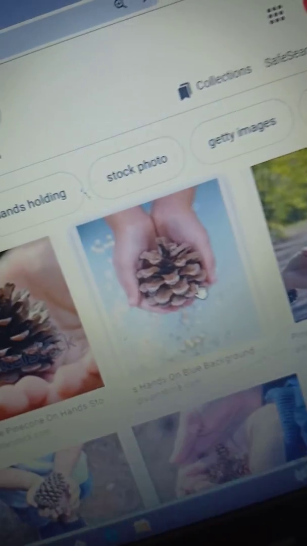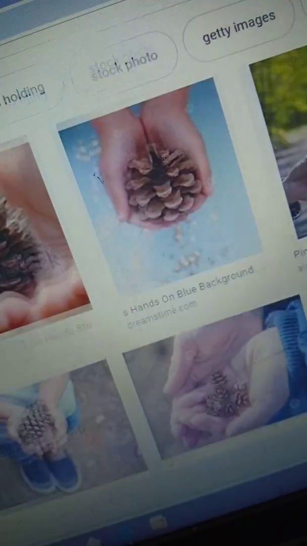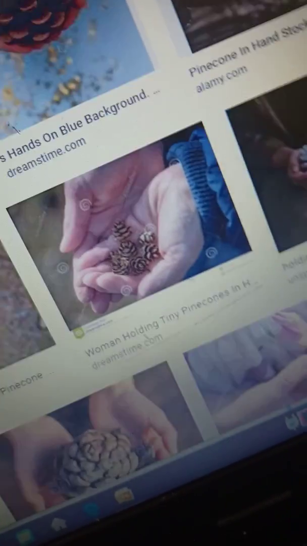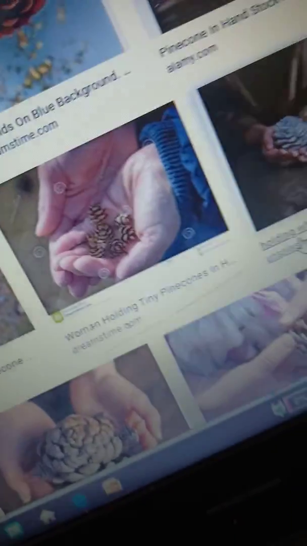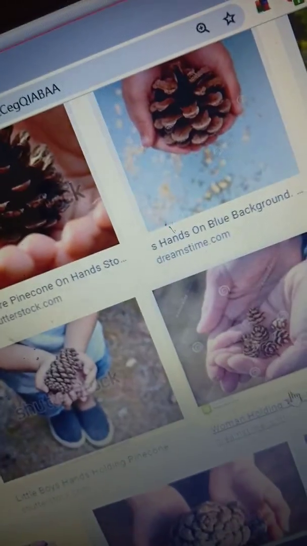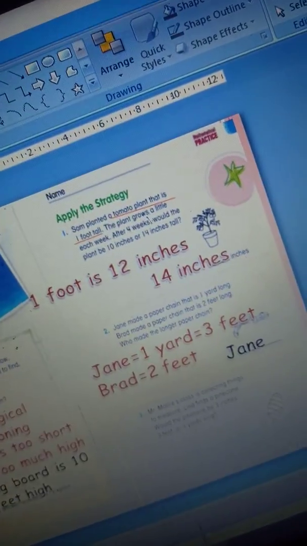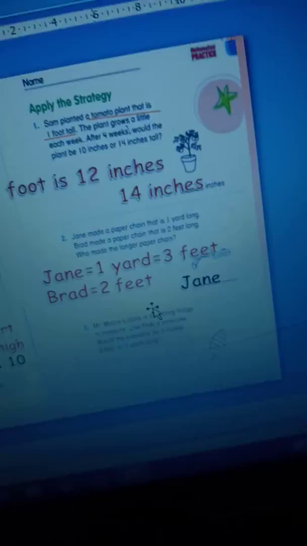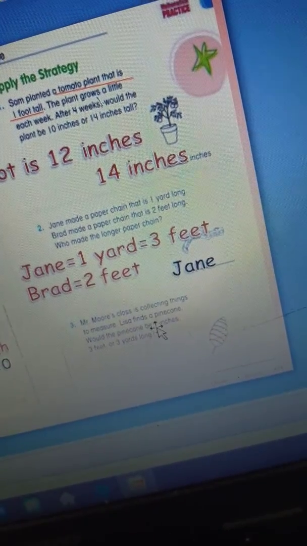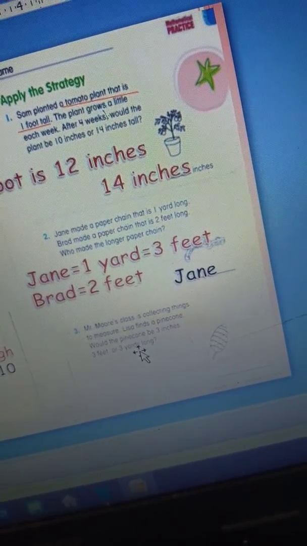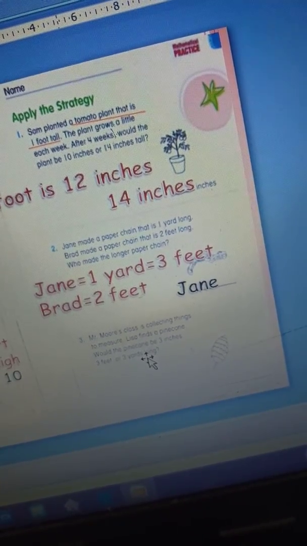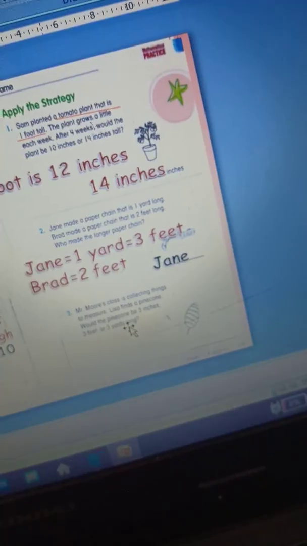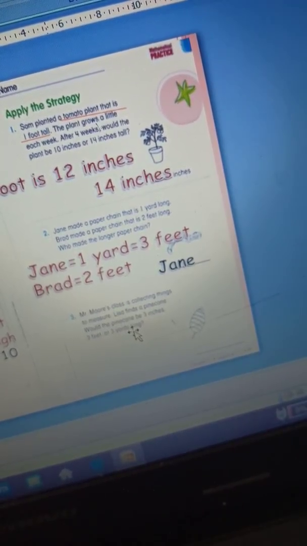Okay? Now, you see? Okay, based on that, look. Based on this, you have the idea how long the pine cone is. So, is it 3 yards? Meaning to say it is 12 inches ruler.